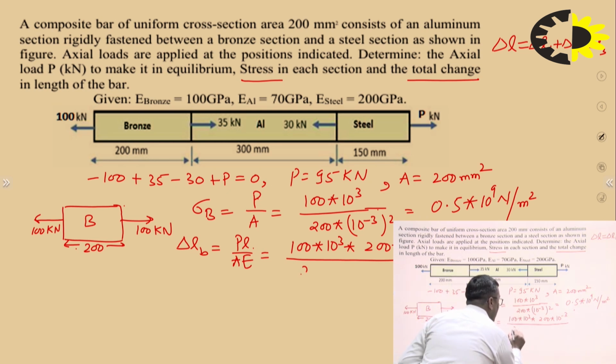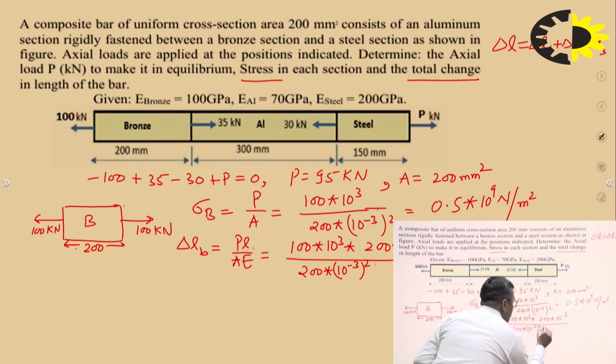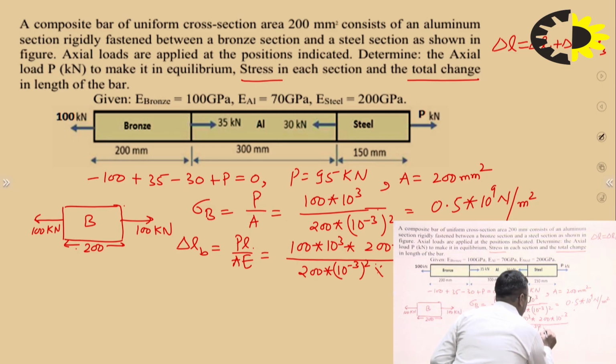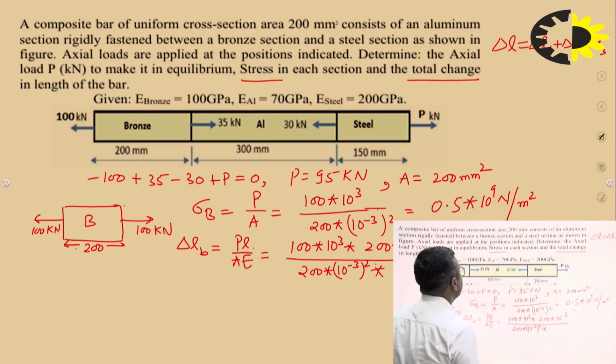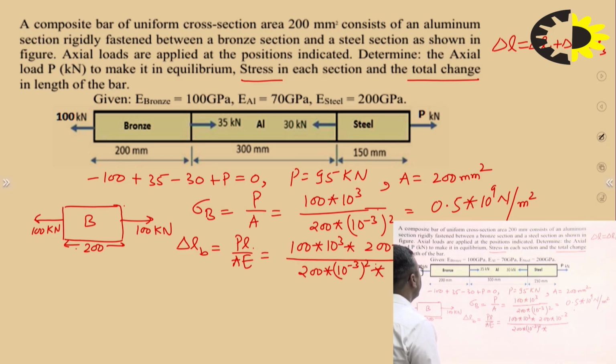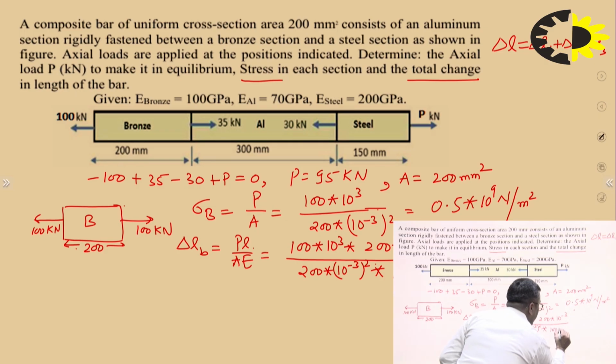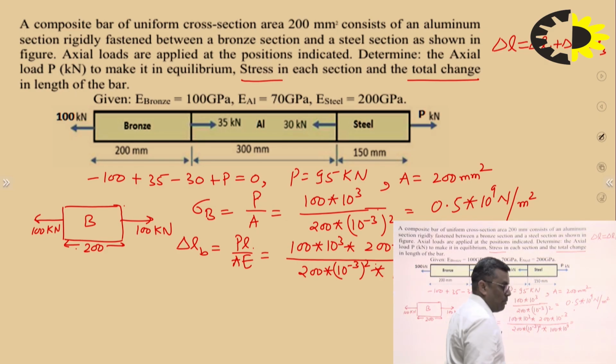A is 200 into 10 to the power minus 3 square. And E for bronze is 100 gigapascal, so 100 into 10 to the power 9. By this way you will be finding out delta LB.